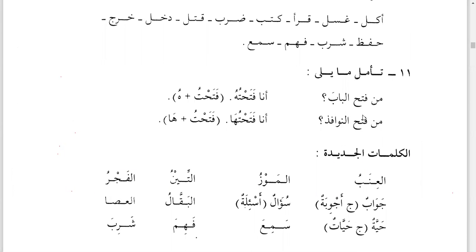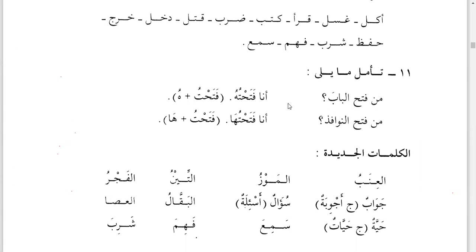And sami'a, to listen. As we can see here, hafidha, shariba, fahima, and sami'a, the second root letter, which is ain, has kasra, whereas in the rest of them the second root letter has fatha. And they are mixed. Akala and qara'a are mahmuz, they have hamza in them, whereas the rest are without hamza.